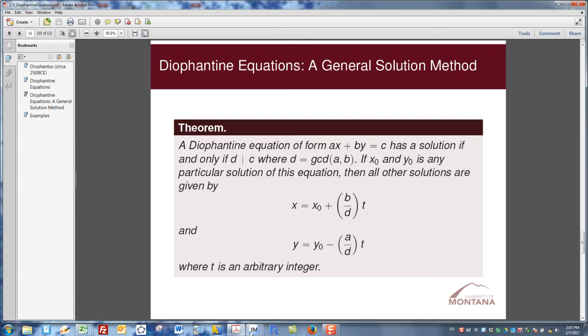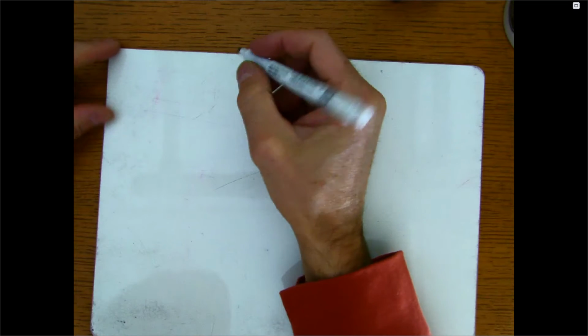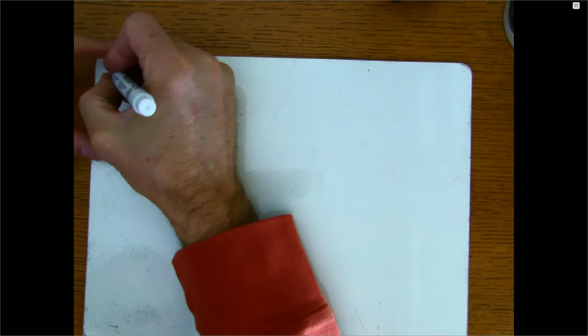So I'll go to my overhead and we'll talk about a proof for this statement. Okay, so what's our hypothesis? Our hypothesis is this.